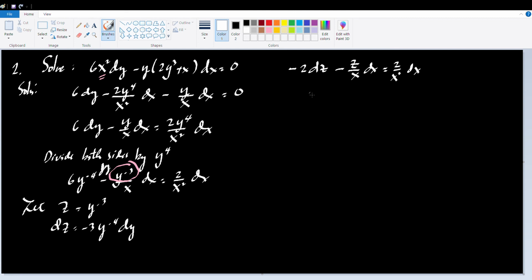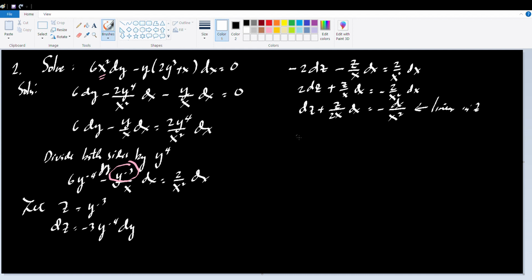Or equivalently, that will be positive 2 dz plus z over x dx equal to negative 2 over x squared dx. And then let us divide everything by 2. dz plus z over 2x dx equal to negative dx over x squared. And we know that this is now linear in z.